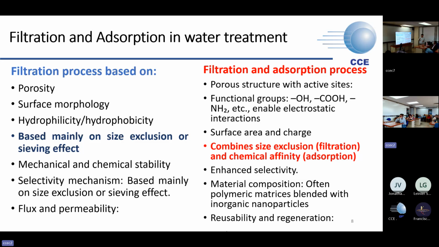Another interesting thing is that if we add some metals like silver or copper, we can promote antibacterial activity. So when the cells of these pathogens reach the metal compound, the membrane is destroyed.